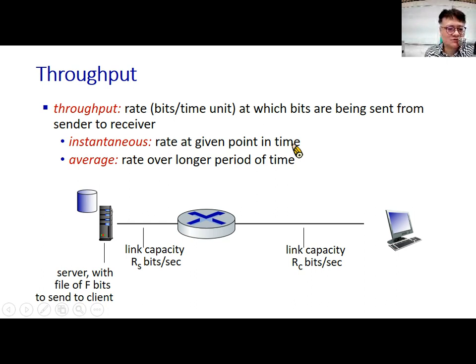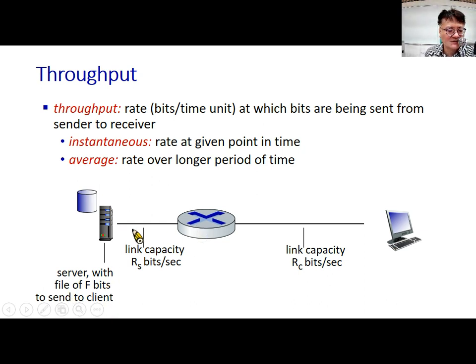And the average is the rate over a long period of time. So you can see the server with a file of F bits, sent from the sender to the client.